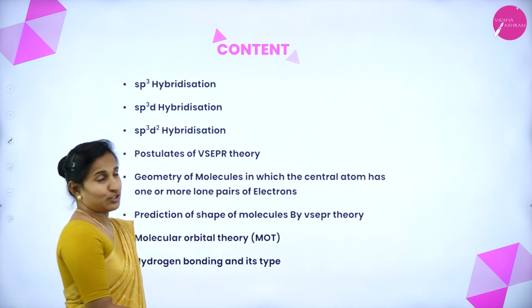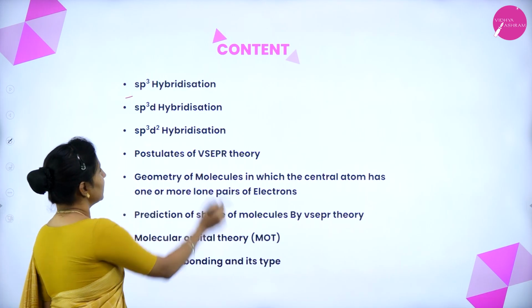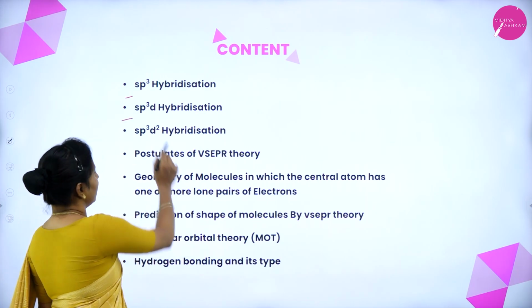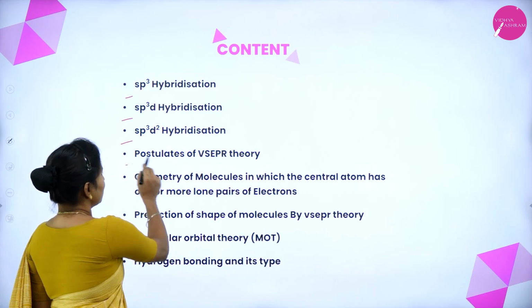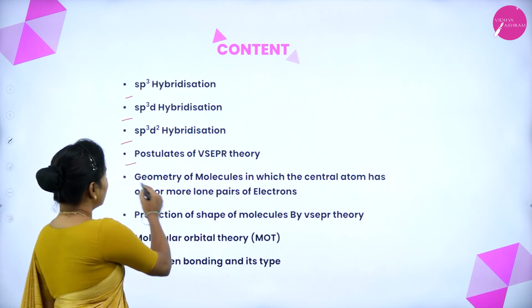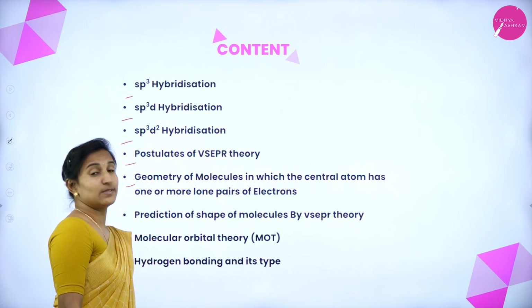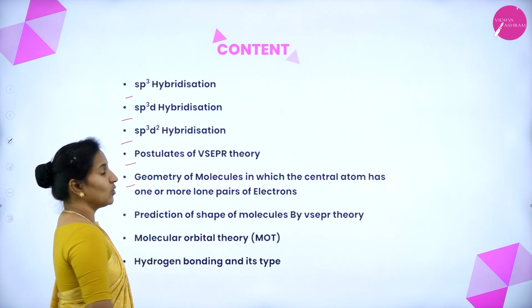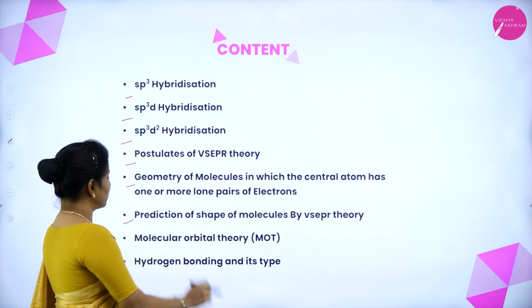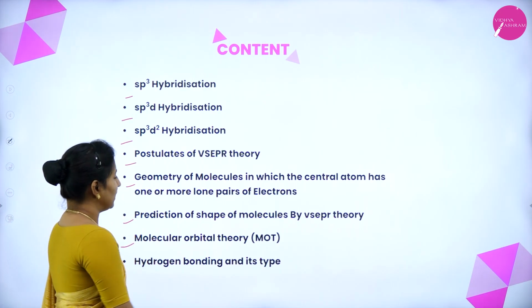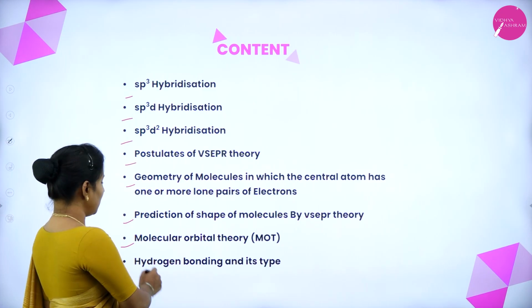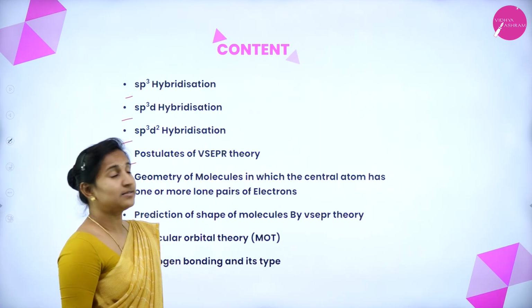In this session, we are going to discuss sp3 hybridization, sp3d hybridization, sp3d2 hybridization, postulates of VSEPR theory, geometry of molecules in which the central atom has one or more lone pair electrons, prediction of shape of molecule by VSEPR theory, molecular orbital theory, that is MOT, hydrogen bonding and its types.